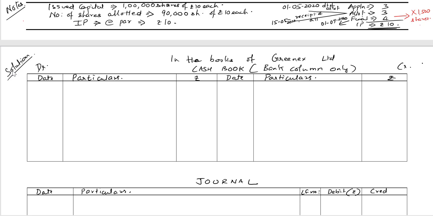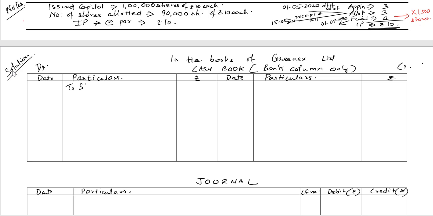and credit rupees. Now the very first transaction is for application money received. Journal entry, bank to share application account. The date of receipt of application money is not given. So remember, it's a cash transaction.